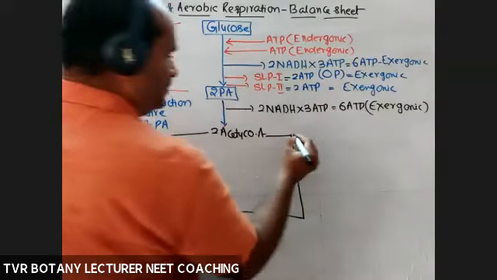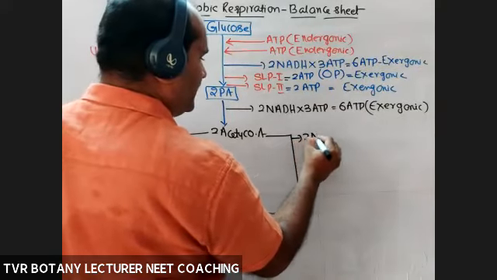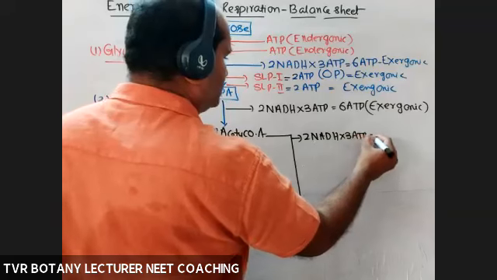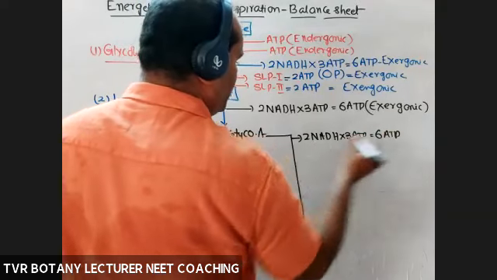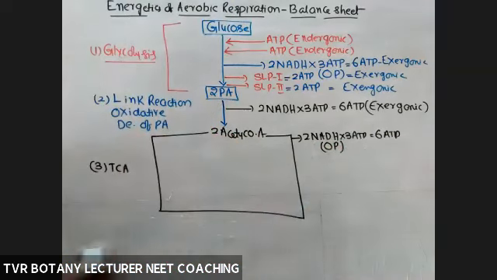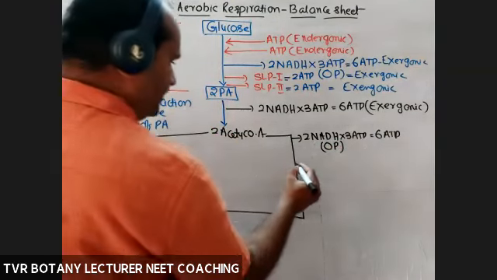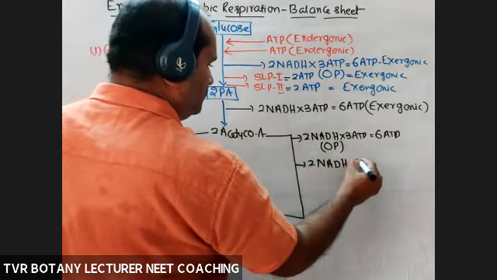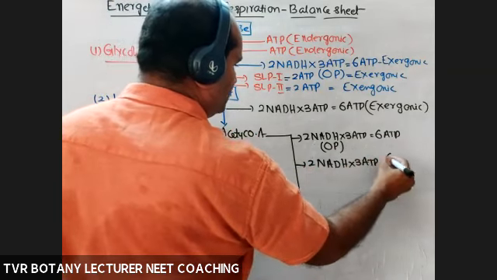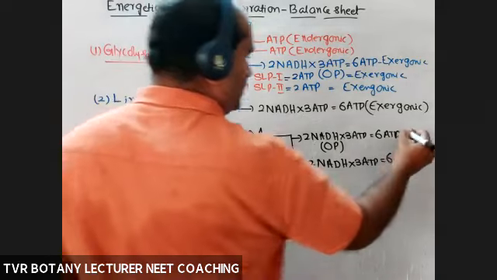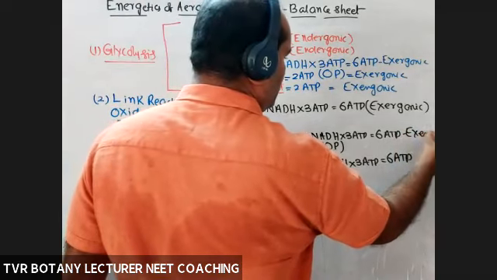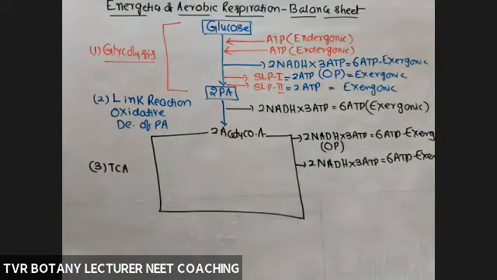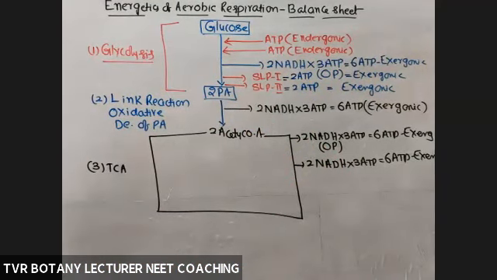Okay, so here I'm taking 2 molecules of NADH into 3 ATP molecules, 6 ATP by means of oxidative phosphorylation. Next, here also take 2 molecules of NADH into 3 ATP molecules, 6 ATP. Okay, exergonic reaction.